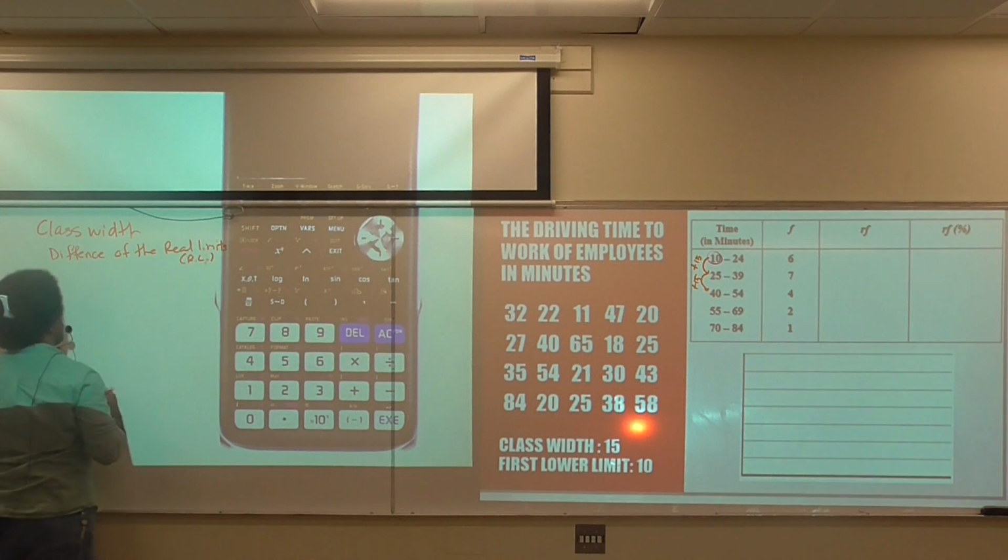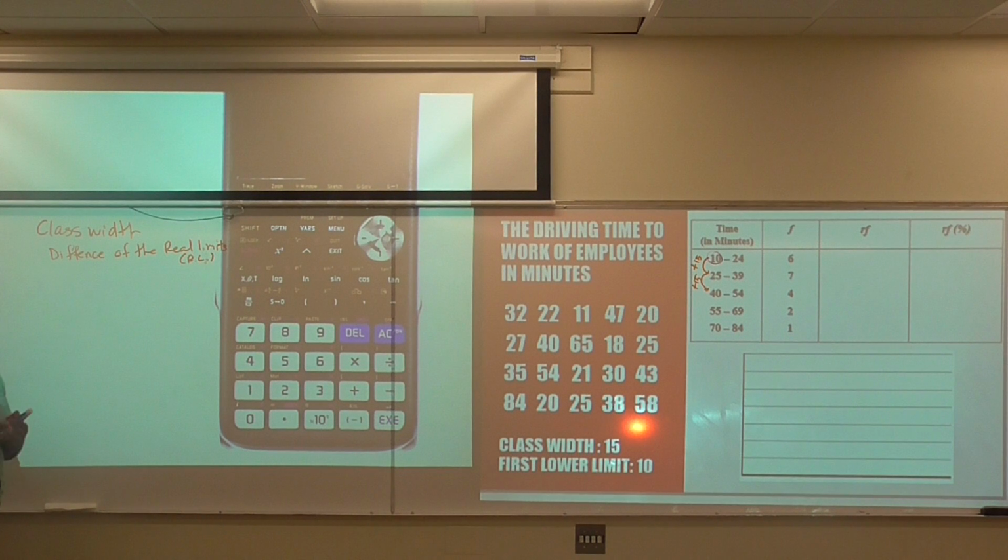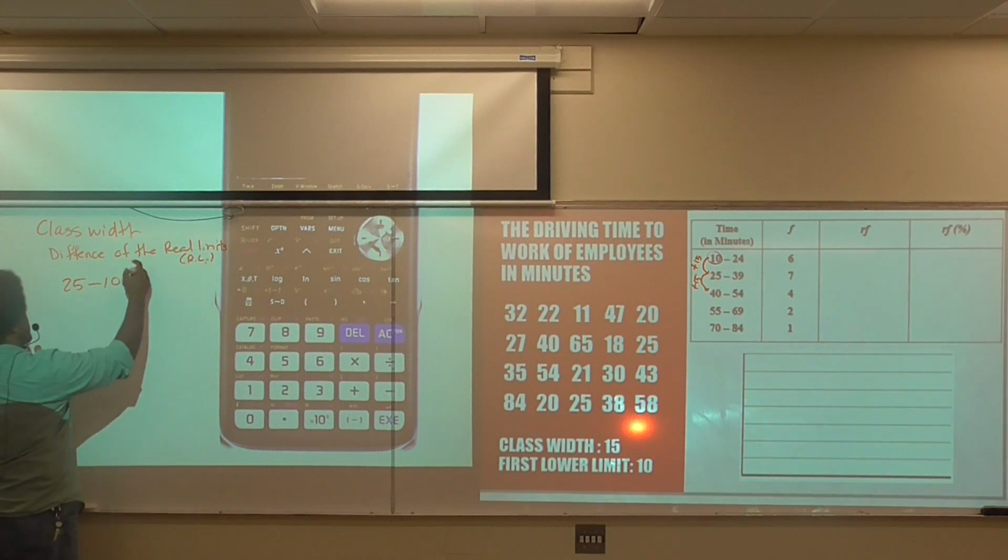Once again, these are your lower limits, your two consecutive lower limits. The two consecutive lower limits you see there are 10 and 25. Those are the two consecutive lower limits, aka real limits. When I subtract the two, I end up getting, in this case, 15.